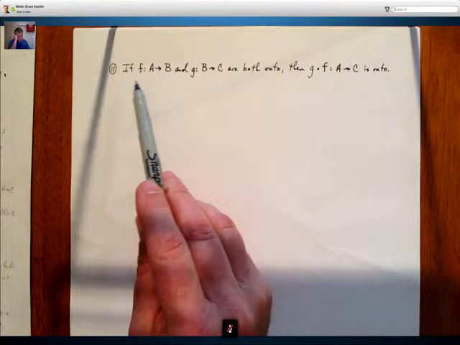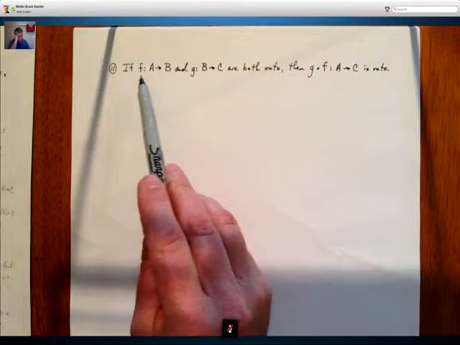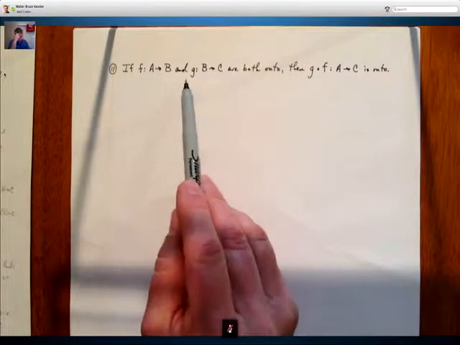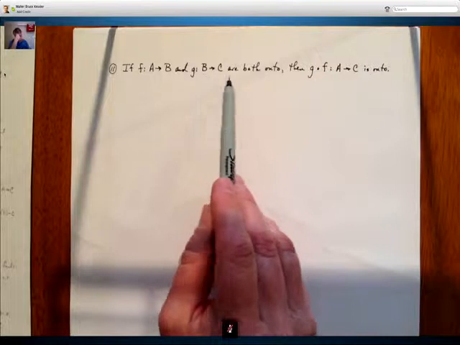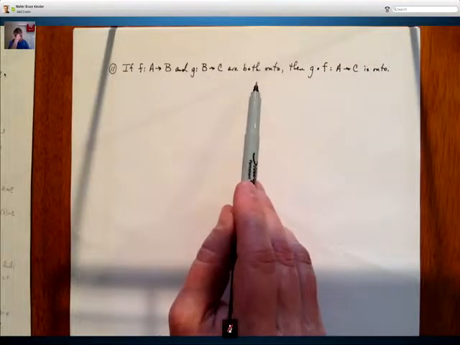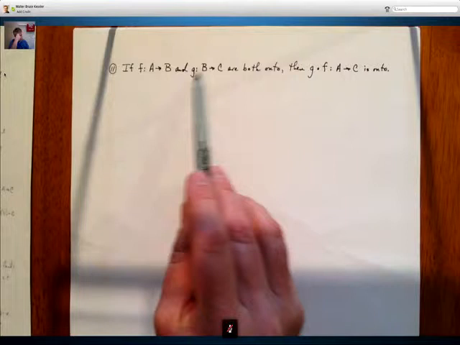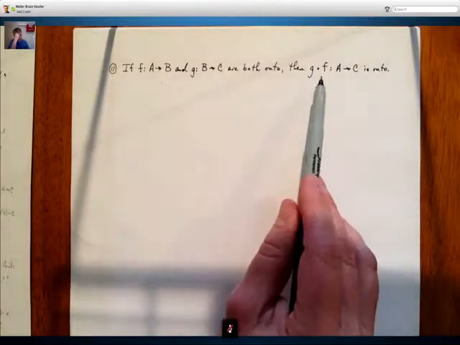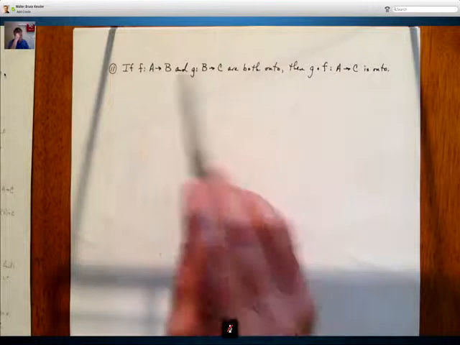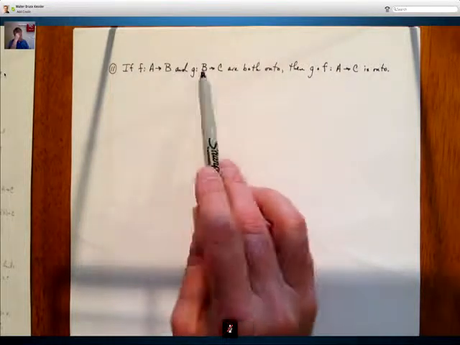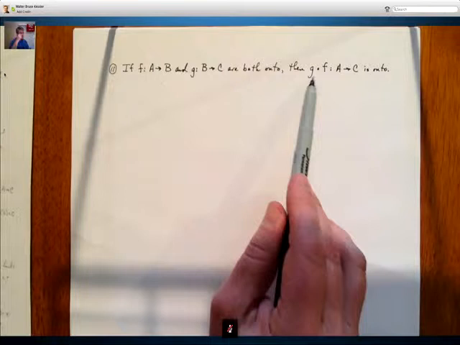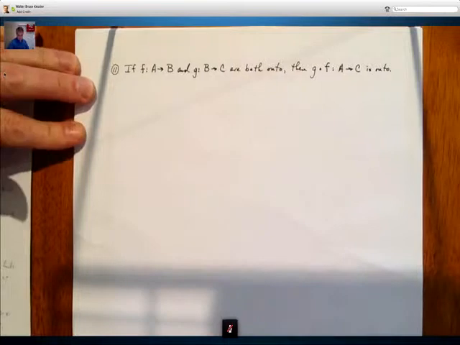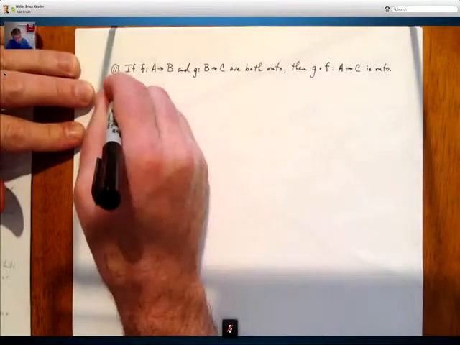It says, if let's prove that if f is a function from A to B, and G is a function from B to C, and they're both onto, F is onto B, G is onto C, then we need to show that G of F, which goes from A to C, right, starts with this, goes to that set goes to here, that this is onto.